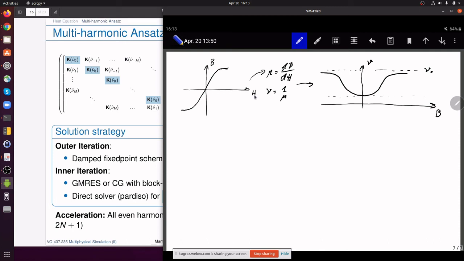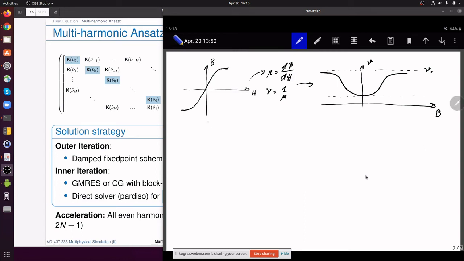Okay, so that's the nu curve. I think you have seen that in the previous lectures of Professor Kaltenbacher, where this nu curve had a slight kink here, and I will discuss this in a few minutes. The reason why it is important that this curve does not have any kinks at low B values, I will explain in a few seconds.